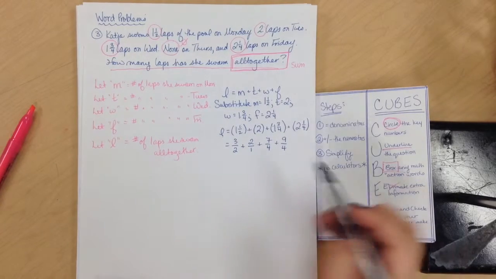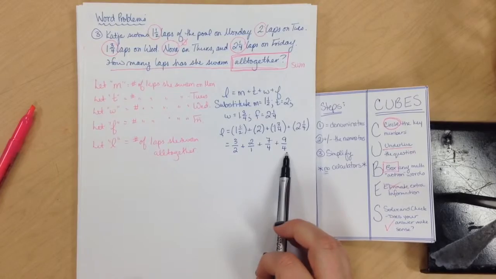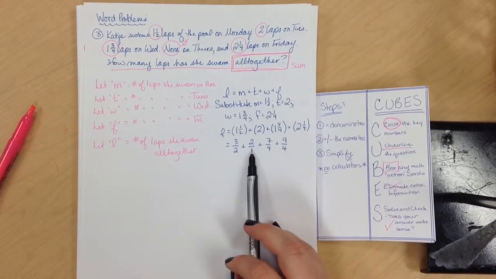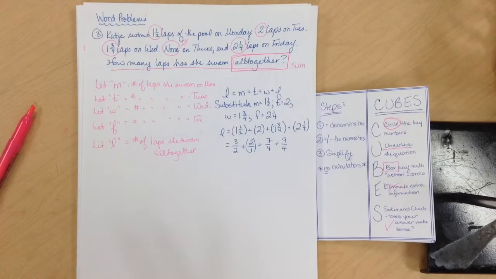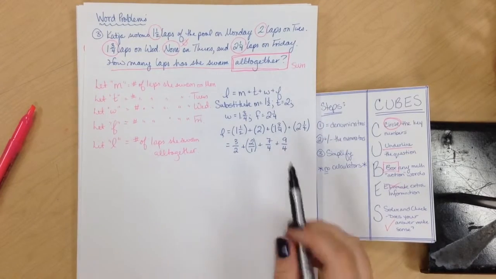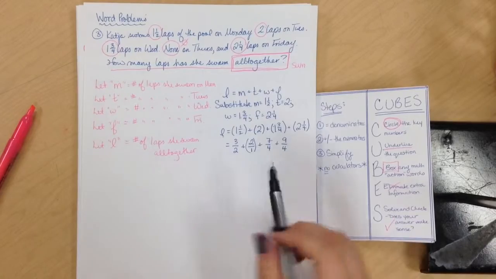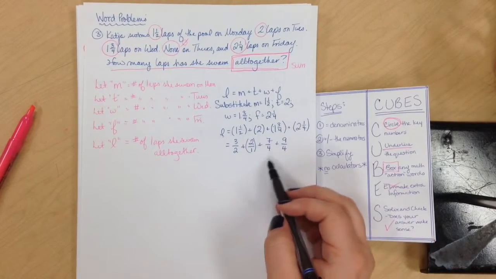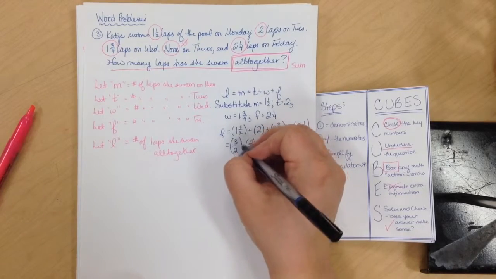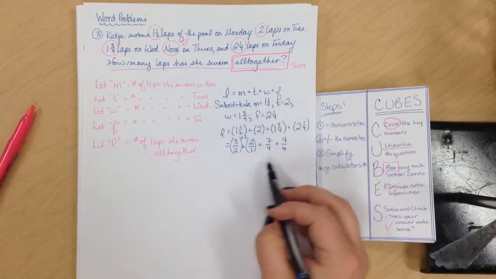I'm now going to look for a common denominator so that I can add. Again, I have here a denominator of 1, so that doesn't really matter. I'm not going to focus on that right now because I can multiply 1 by anything. Look at my 2's and my 4's. Luckily, 2 goes into 4. I can multiply it by 2 to create 4.